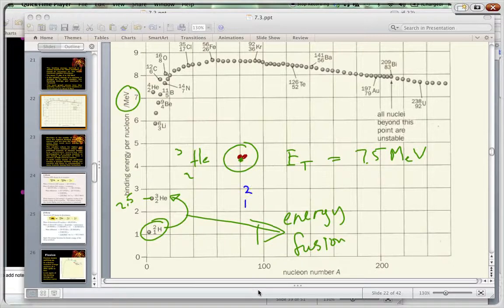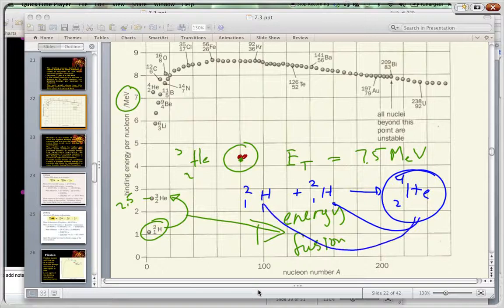But if you get hydrogen-2,1, plus another 2,1, and you make a helium over here, it's actually a longer process than this, but let me just say I'm doing that. All right, I squash them together and I make that. The binding energy of this is much greater than this.